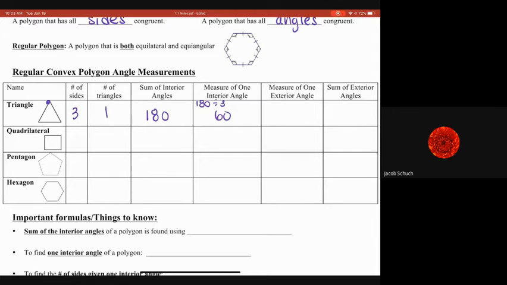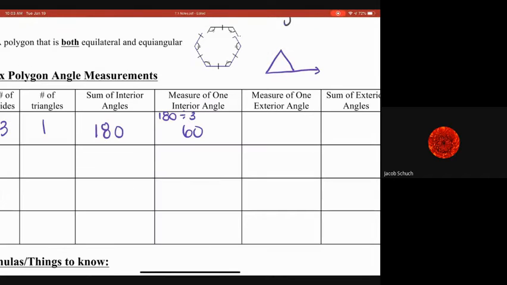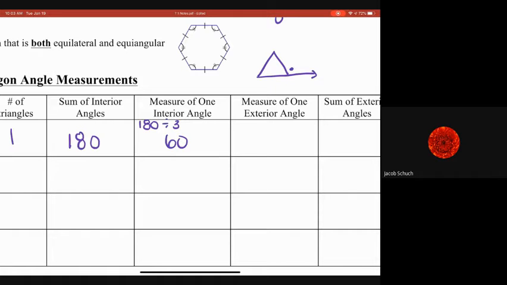The measure of one exterior angle. Now, exterior. Okay, so what would that look like? Well, that was when we would have our shape, and it would have a little ray coming off of it. And the exterior angle was this guy here. If all of these are 60, what would the exterior angle have to be?